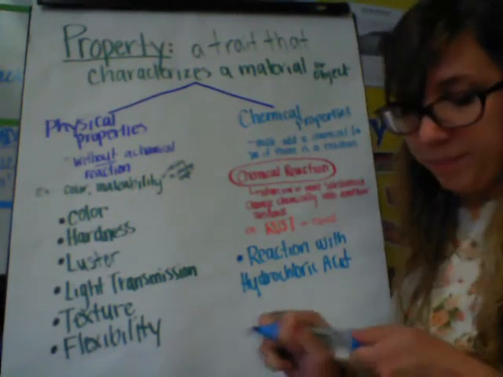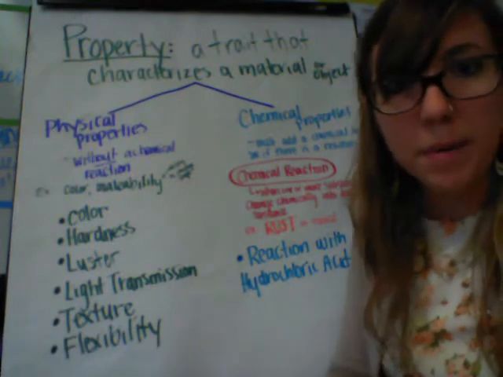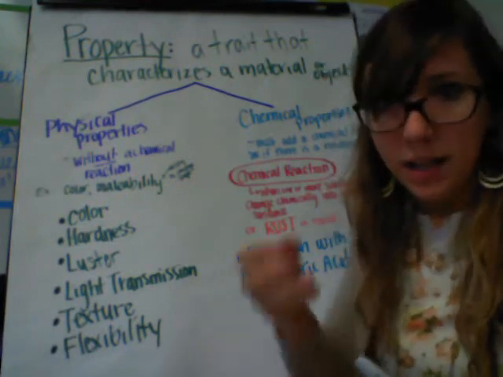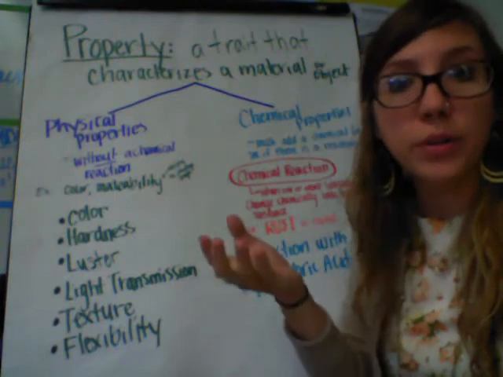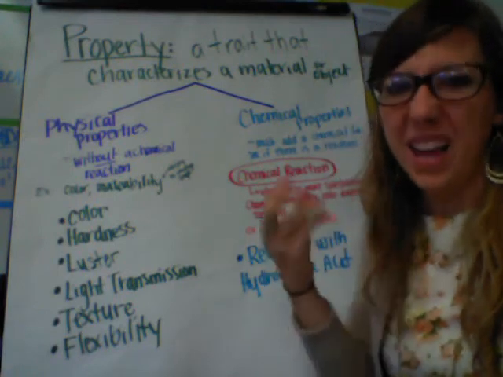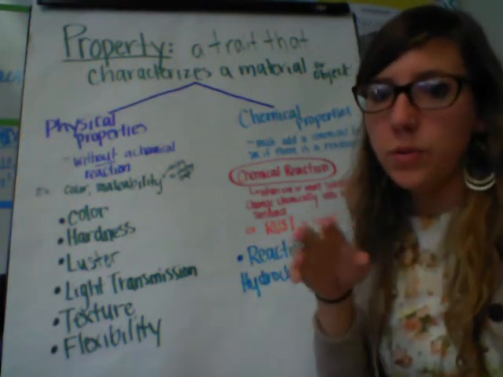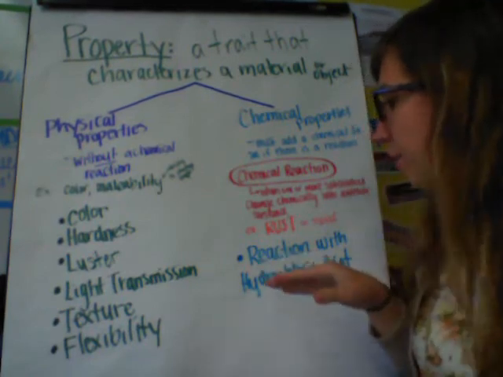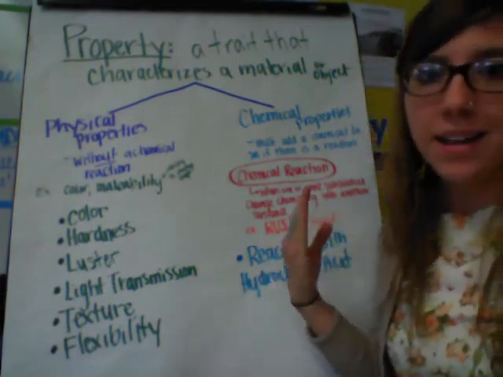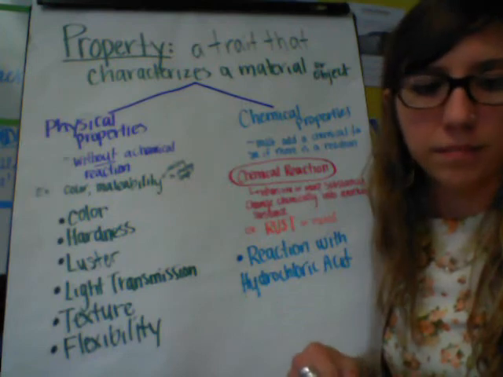And remember the ways that you can tell. There might be bubbling, fizzing, there might be heat, there might be light produced, there might be a gas or a smell produced. Those are some indications that a reaction is happening and that it's a chemical reaction.